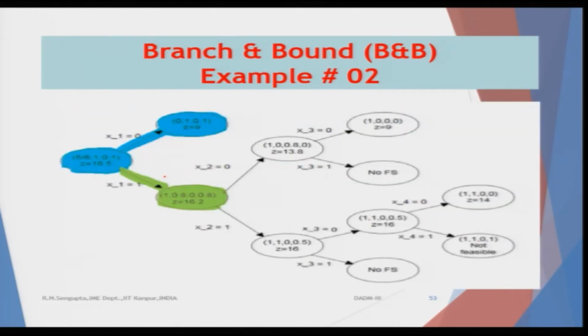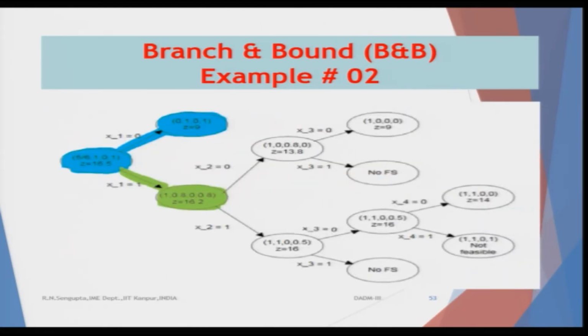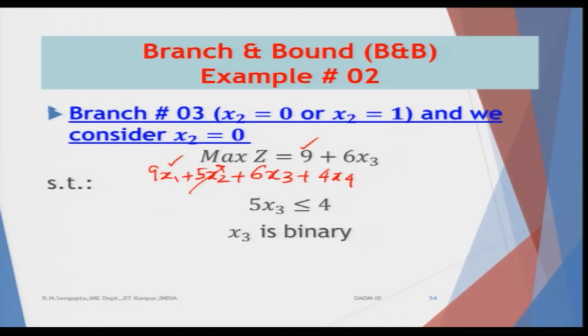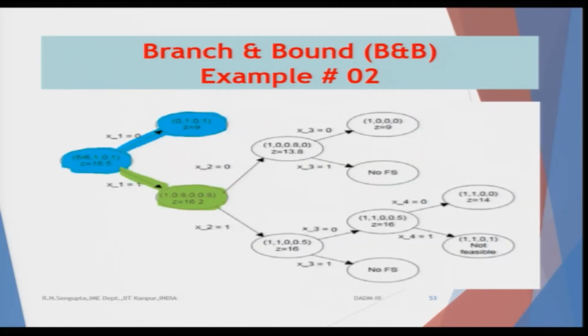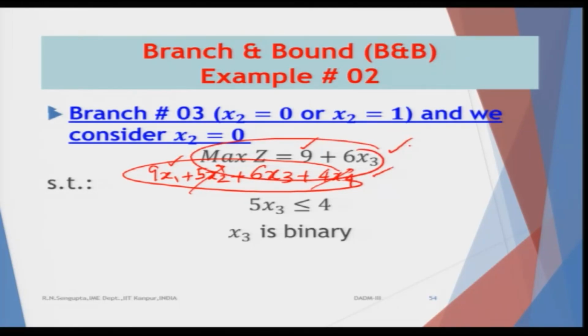Because x1 is 1 in this branch, with the second one which I mentioned. So, this remains as 9, fine. x2 is 0, so it vanishes, which is fine. x3 is 0, but we are trying to branch, and x4 is the branch we are going to take, so this will vanish. This meets the criteria of the branch and the objective function, which is fine.